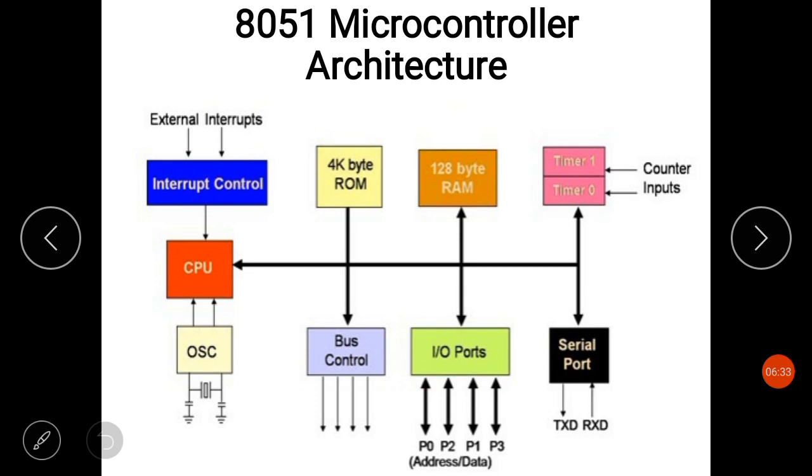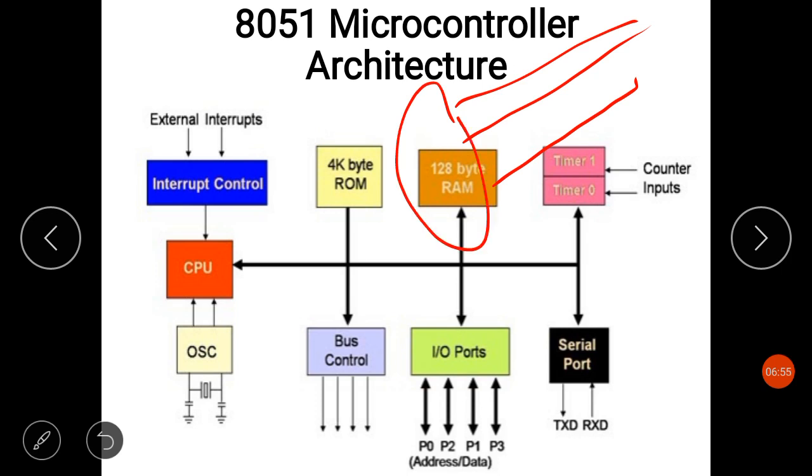The next basic component of the 8051 microcontroller that I am going to discuss is the bus. What is a bus? A bus is basically a group of wires which function as a communication channel, or a means for the transfer of data from one point to another.